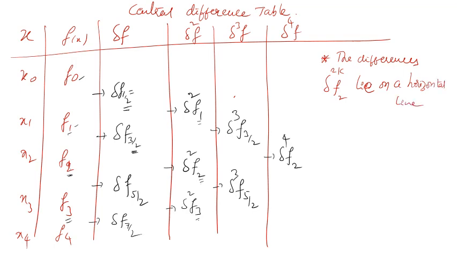Let me draw that one. Even order f2 is here, right? Delta power 4 must be in the middle. This line is the straight line. These central differences, delta square, delta power 4, and if the length of the data is more, delta power 6, all these are on the straight line which is horizontal.